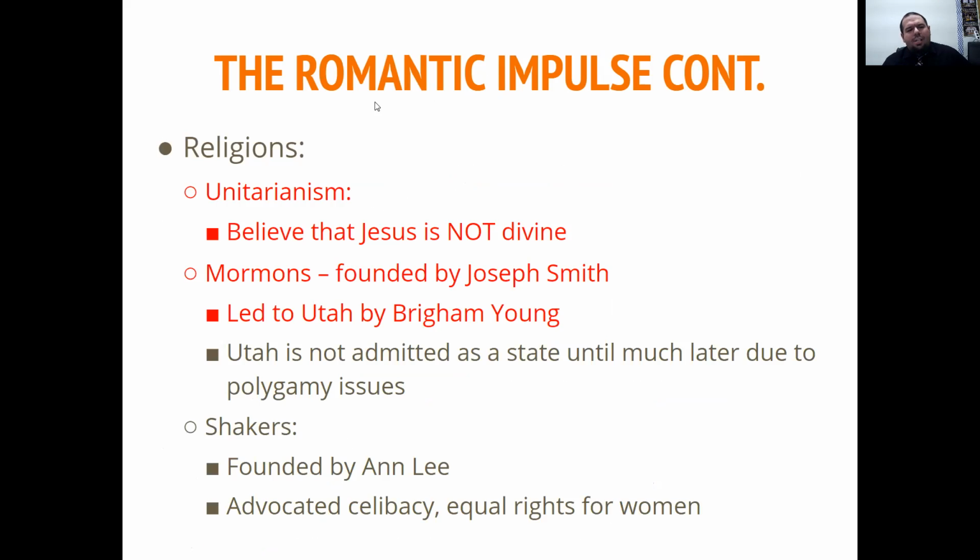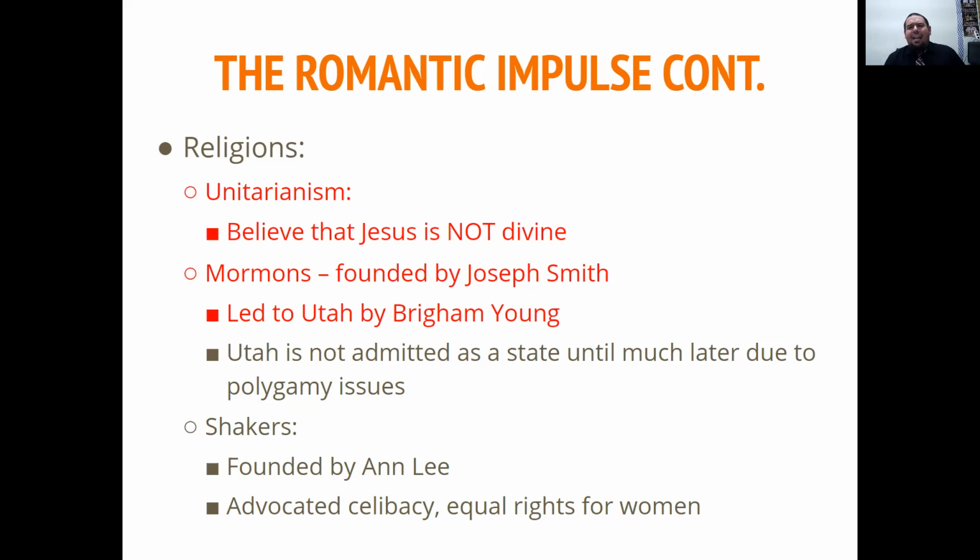So we got some religions coming about. I know Transcendentalism was a movement. Unitarianism is a religion, and they believe that Jesus was not divine. And you also have Mormonism, founded by Joseph Smith, where they were persecuted all across.